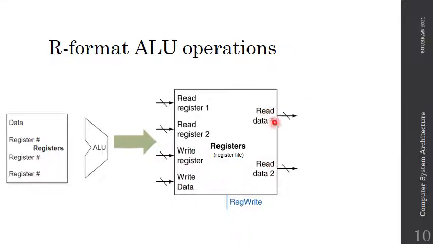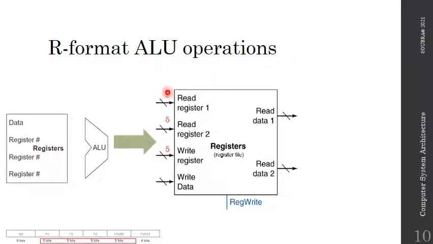And by the way, in the case of R format ALU operations, where do those two read data go? Naturally, they're going to go to the ALU. Fair enough. So this would be the first operand of the ALU and the second operand, and then we'll see what happens. So in the case of MIPS, how do I choose one source register out of the 32 available ones?